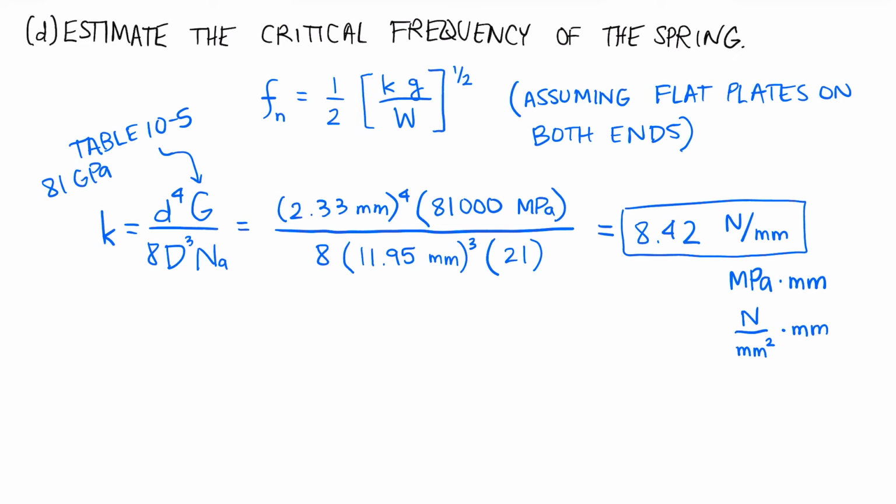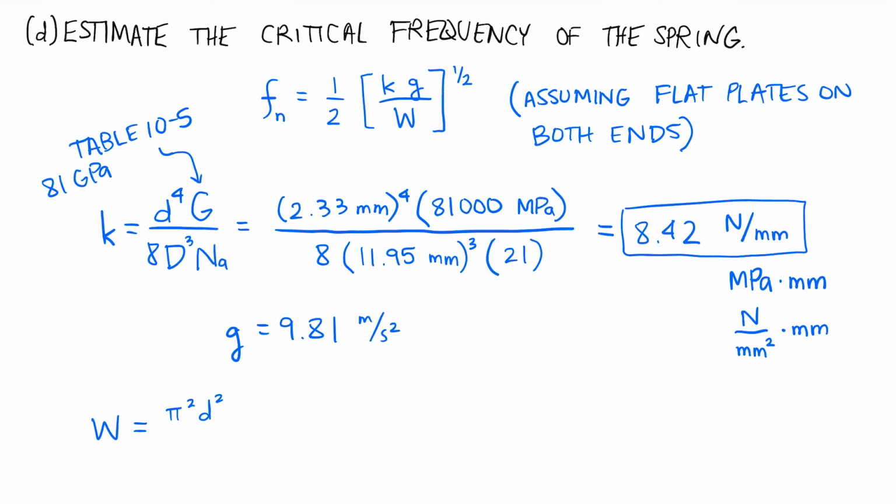Okay, now for G, we know what G is. That's the gravitational constant. It is 9.81 meters per second squared. And W is an equation we derived in the video on critical frequencies of helical springs.